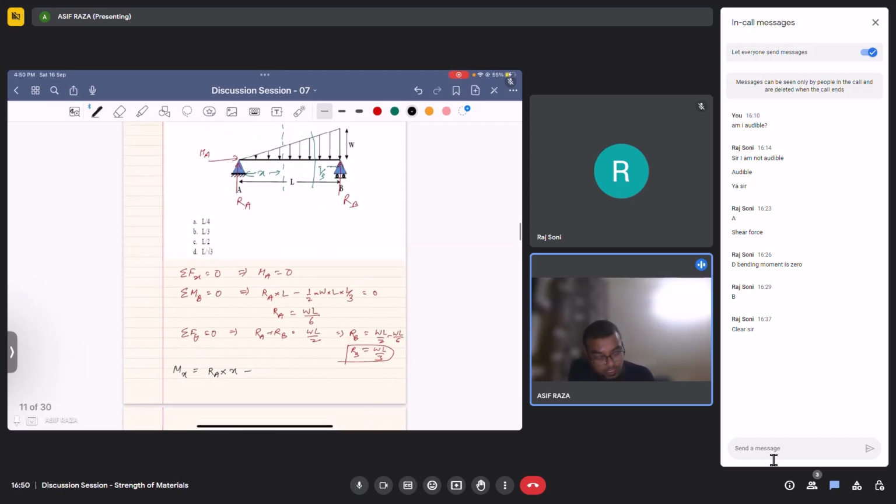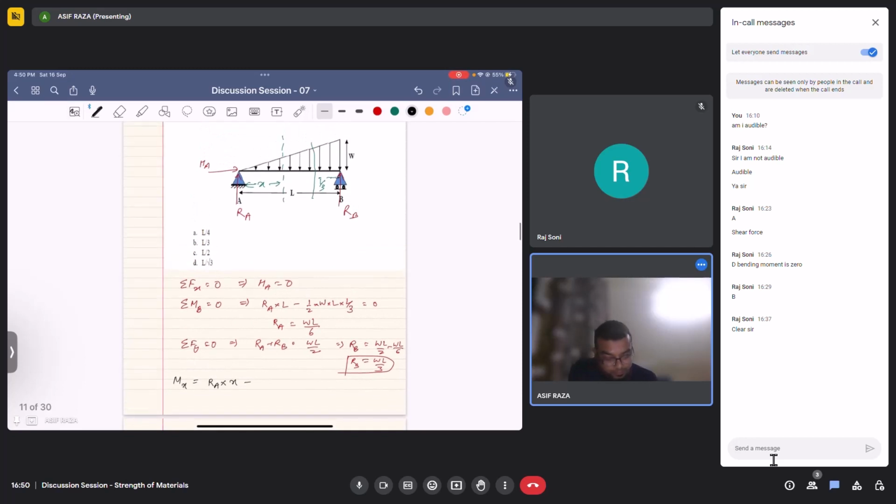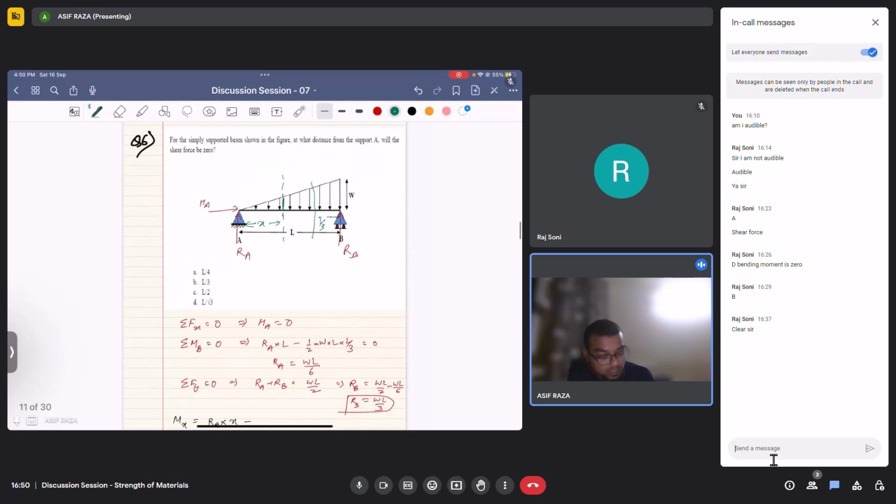So at this point, what would be my maximum load? All throughout, the maximum point is W for L, right? So for x, it would be equal to W by L times x.